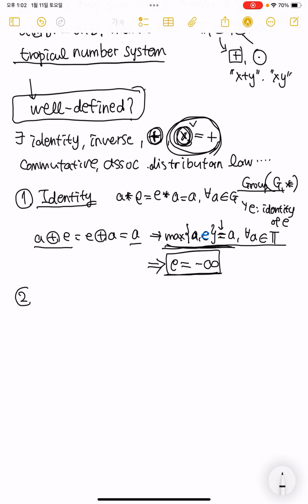Interestingly, when we investigate the inverse element of the tropical sum, I only focus on the tropical sum. For example, let's see this equation. When we solve a tropical summation equation, compare it to a linear equation, as you know.